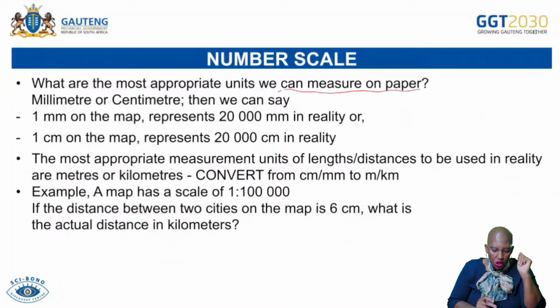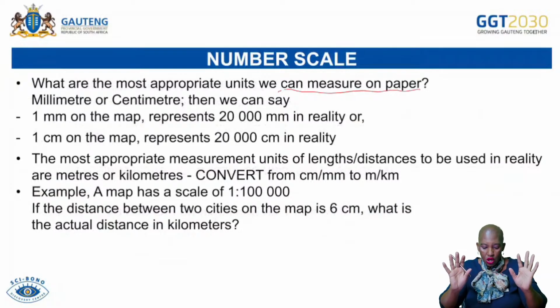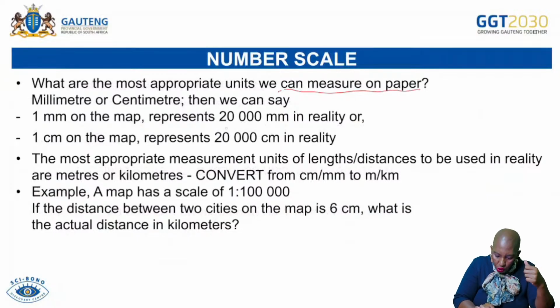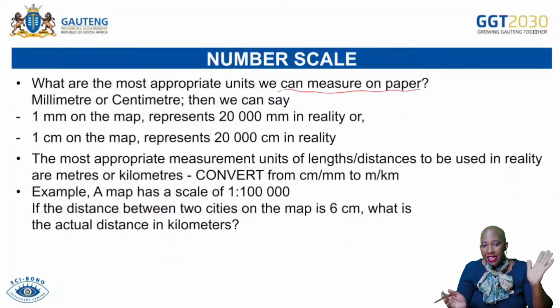So now, remember on the slide before, we said when we write the number scale as a ratio, 1:20,000, when we look at the question, they will guide us. They will say, okay, 1 millimeter on the map represents 20,000 millimeters in reality.